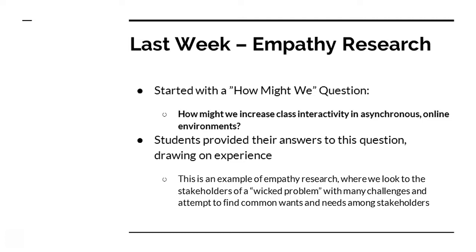This is a way of looking at a wicked problem with several different facets that's very complex, so that we can suss through all the potential data, all of the different conflicting thoughts, attitudes, and behaviors. So we went from a how might we question, and then we completed some empathy research, and I'll show you what I did with that empathy research.